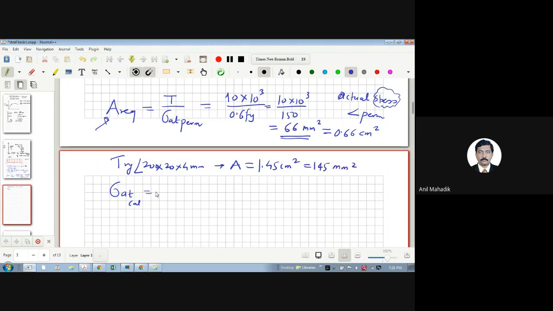Then you can calculate the sigma AT calculated. So what is the actual stress? Force upon area, T upon A provided. T is 10 into 10 raised to 3 divided by area provided, 145. So how much is the stress?